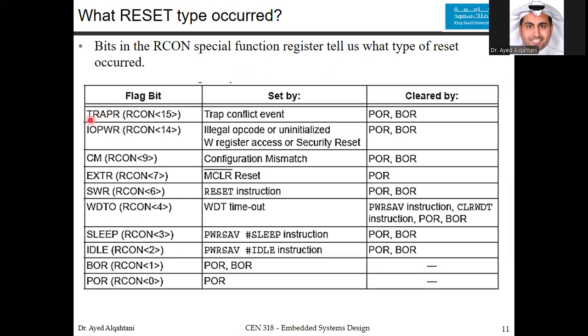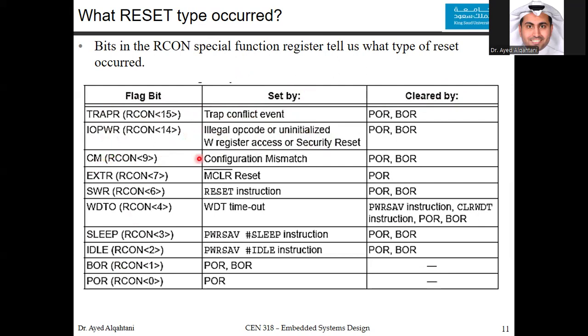If you take the trap flag bit, it's set by the trap, and it's cleared... let's talk about this next time, or just when we finish this column. Each flag is set by its own event. The trap is set by the trap conflict event. The illegal opcode, IOPUWR, is set by an illegal opcode, a problem with the working register, or a security reset.